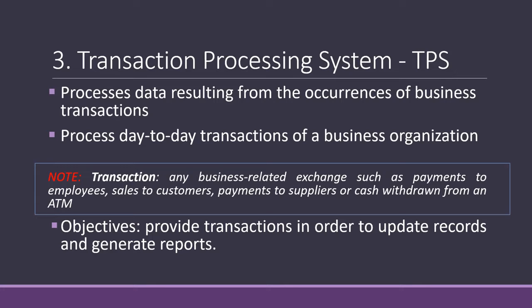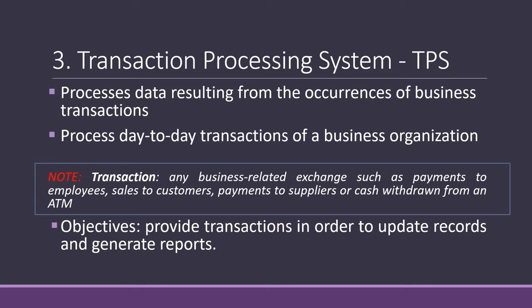The definition of a transaction is any business-related exchange, such as a payment to employees, sales to customers, payment to suppliers, cash withdrawn from an ATM. Any kind of transaction can be processed using a TPS system.